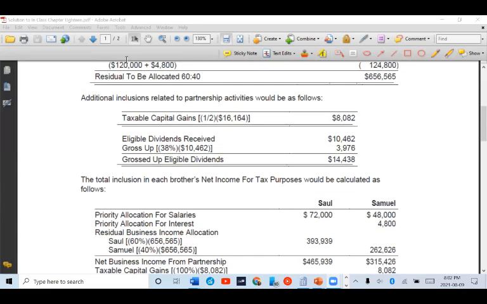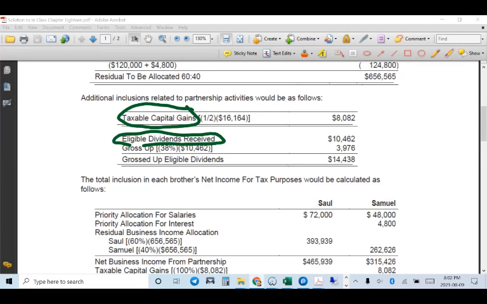Now, in addition to that, we have to keep our capital gains and our dividends separate, right? Keep those out of this. Now, in this question, it stated the business income, it stated the salaries, the capital contribution amount.